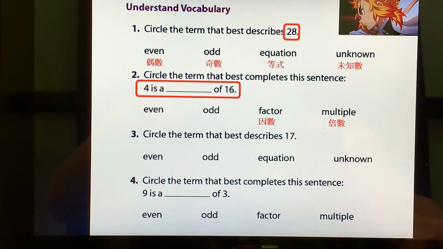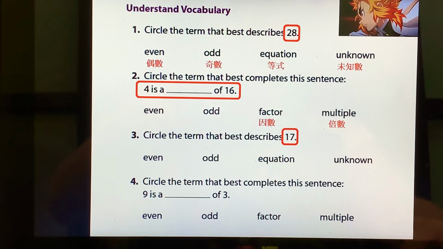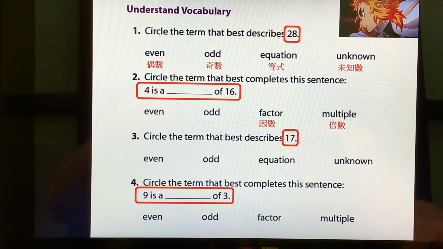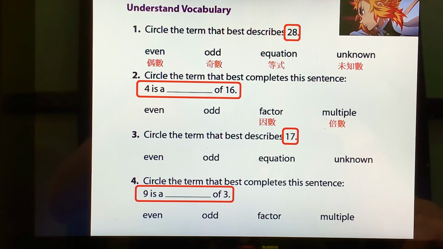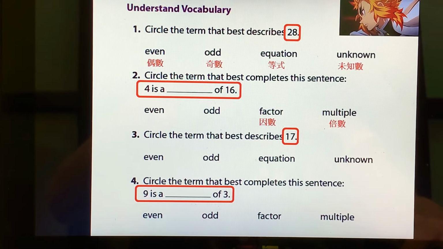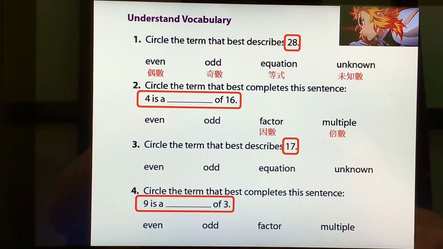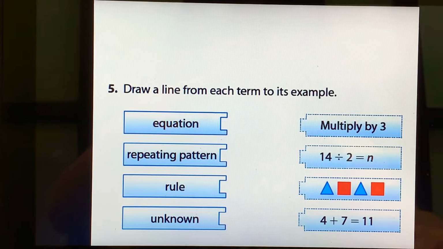Circle the term that best describes 17. Even, odd, equation, unknown. Number 4. Circle the term that best completes this sentence. 9 is a blank of 3. Let's move on.